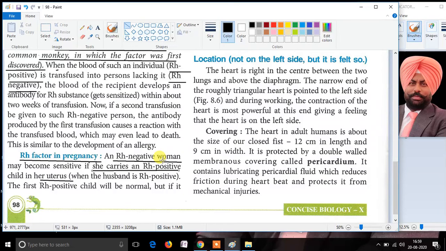Another thing to be considered here is that if an Rh negative woman marries an Rh positive man, then the man will possess the Rh positive factor in his sperms also, and when fertilization takes place, the Rh positive sperm combines with the Rh negative egg of the woman, and the Rh positive factor will produce antibodies, and those antibodies will interfere with the Rh negative blood of the woman.